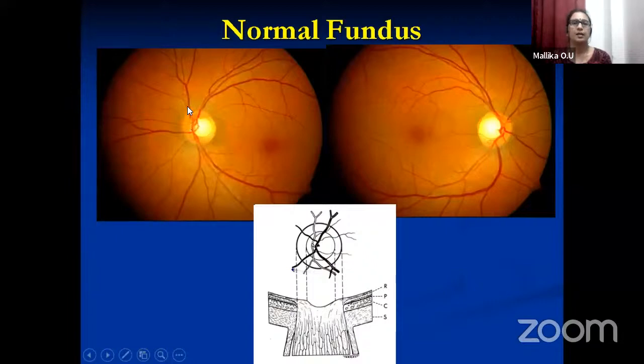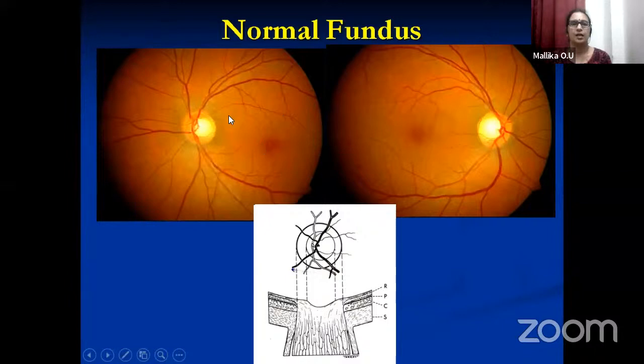And you can see the blood vessels which arise from the center of the optic cup, slightly nasally, and which divide into superior and inferior divisions, and then inferotemporal and inferonasal, superotemporal and supranasal.